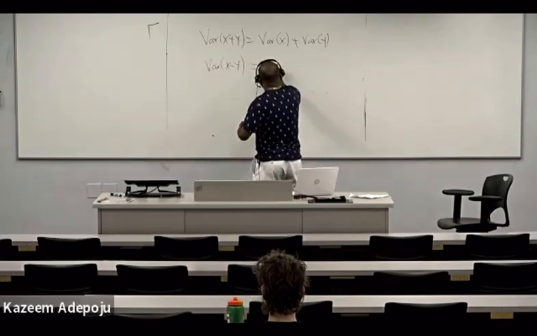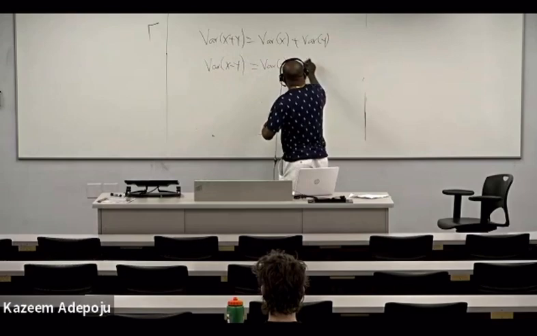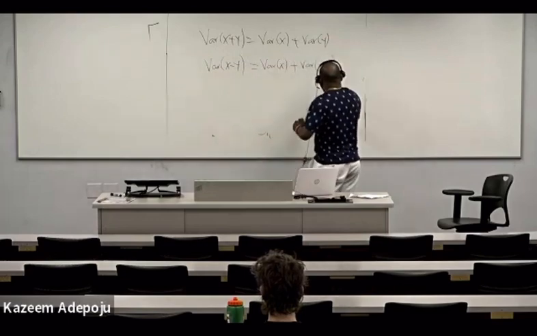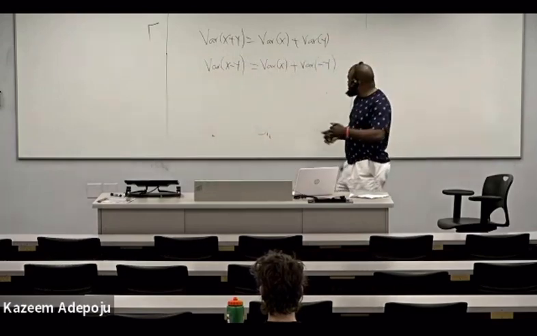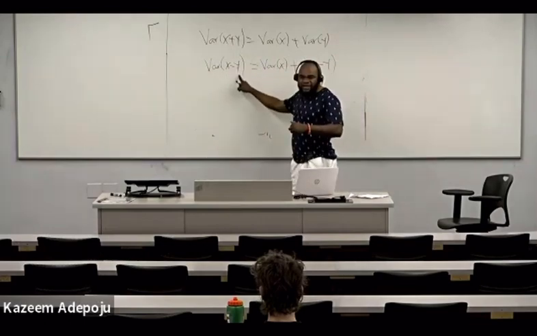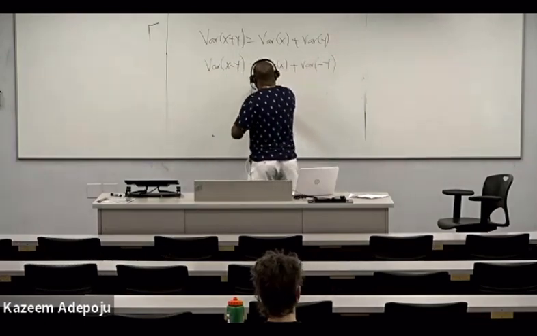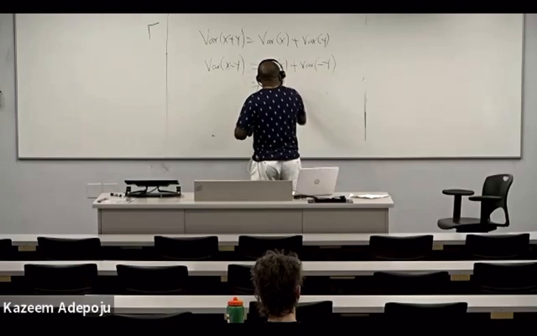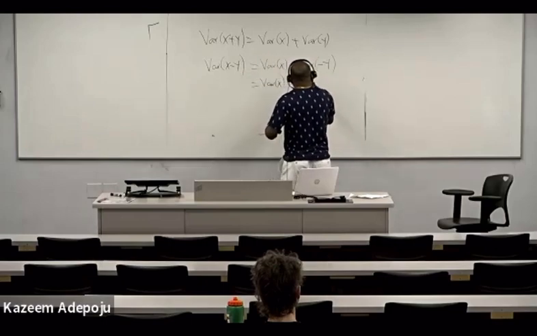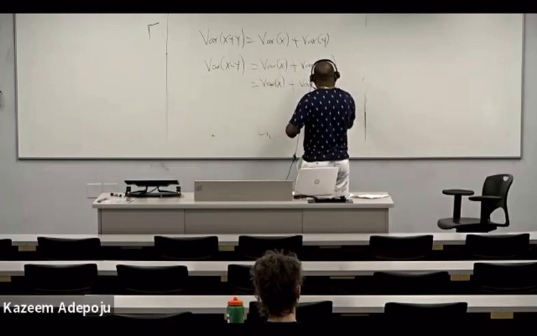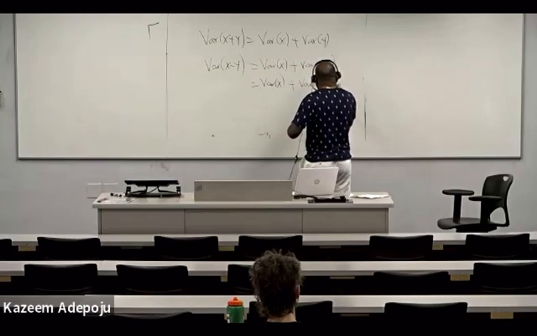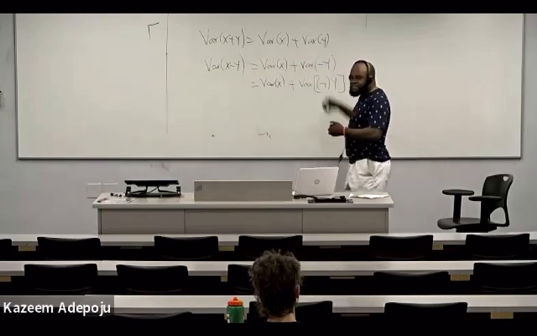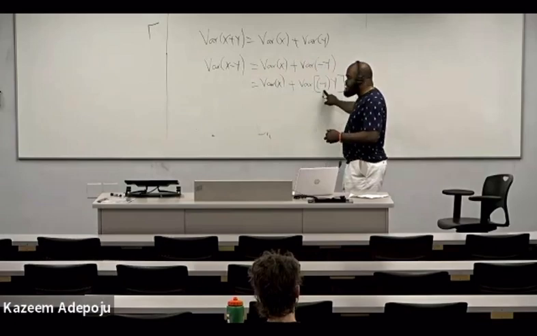So this is going to be the variance of x plus the variance of negative y, right? There's a negative y here. So if I want to rewrite this now, I'm going to write the variance of x plus the variance of negative 1 times y. Negative 1 is a constant.